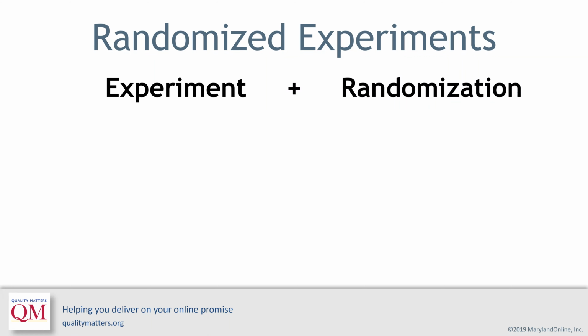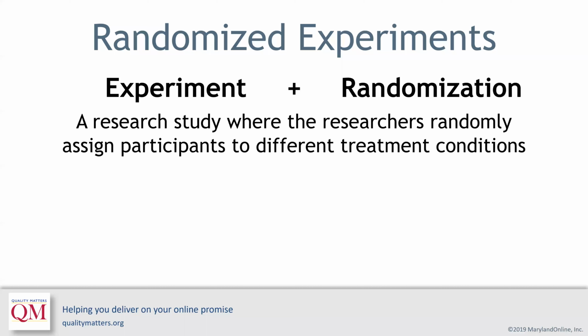This refers to randomly assigning participants to different levels of the treatments. Putting those 2 definitions together, a randomized experiment is a research study where the researchers randomly assign participants to different treatment conditions.